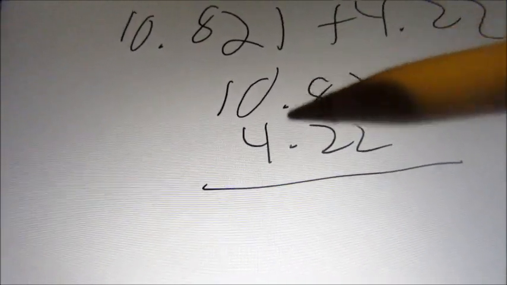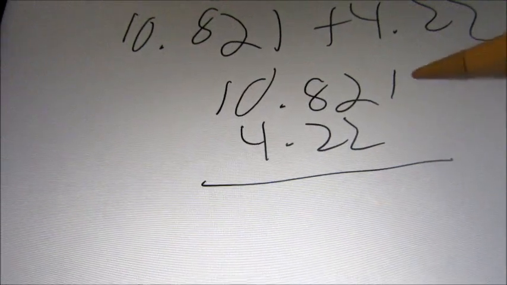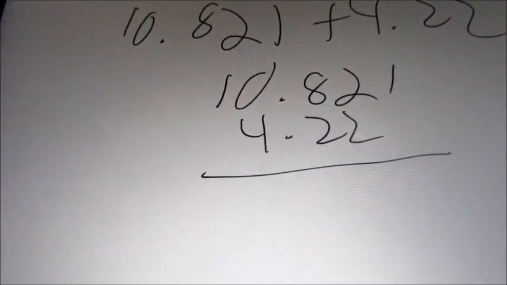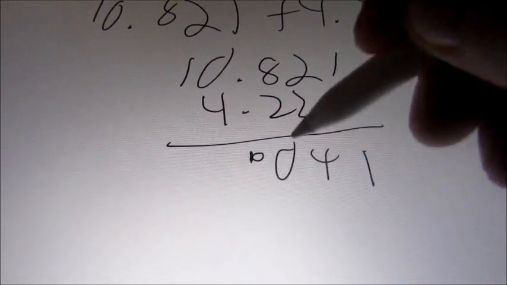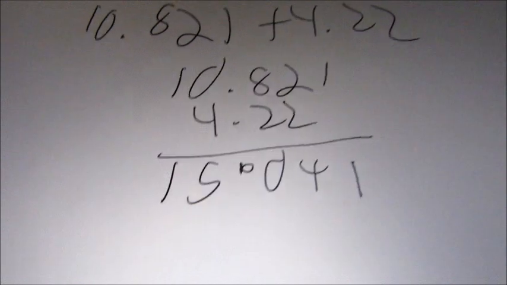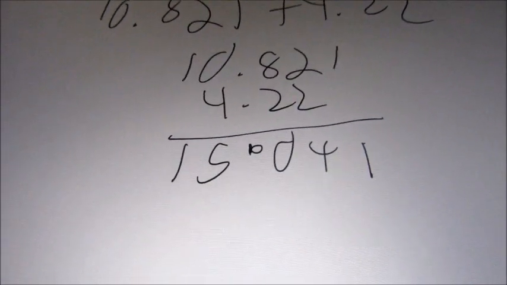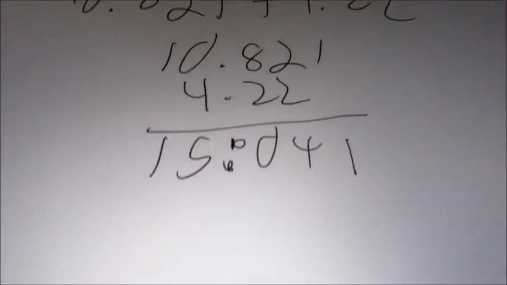Notice that the decimal points are what's lined up, and that's what's important. So now we just add like it's a normal number, and the decimal will stay exactly where it is. So this will be a 1, a 4, 10, 5, 1. So our answer here would be 15.041.